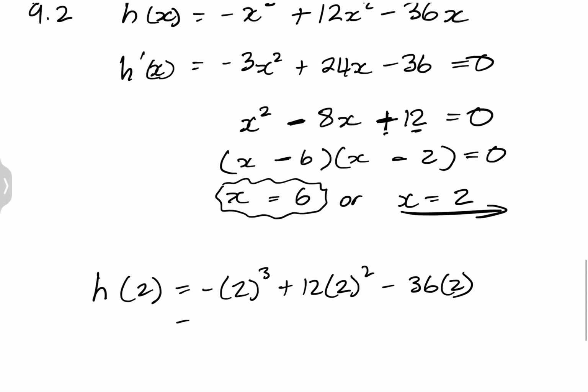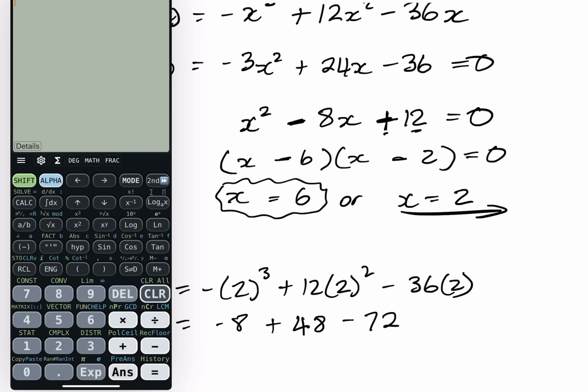Okay, right, so in this case I've got that's minus 8 plus 12 times 4, that would be 48, minus 36 times 2, that would be 72. Okay, so let's try and find that out. So that would be minus 80. Okay, so that would be negative 80 plus 48.